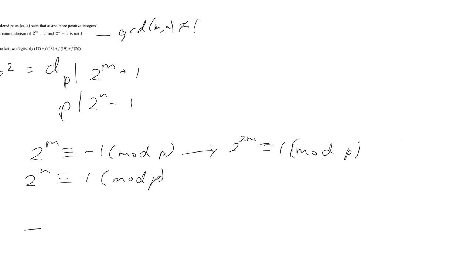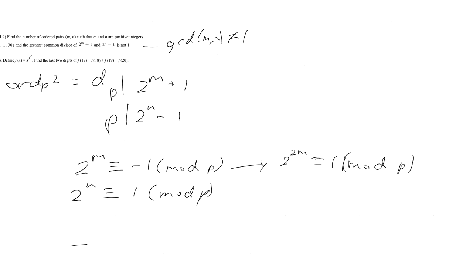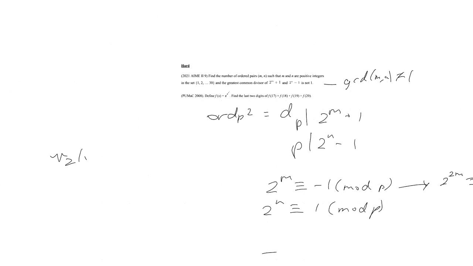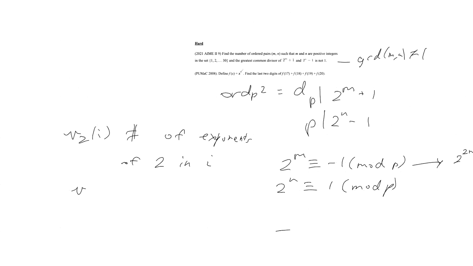From here, now we can define v2 of I to be the number of exponents of 2 in I. For example, v2 of 48 is v2 of 2 to the 4th power times 3, so it's going to be 4.